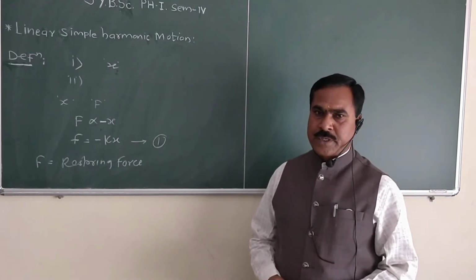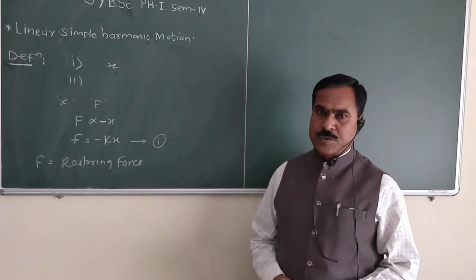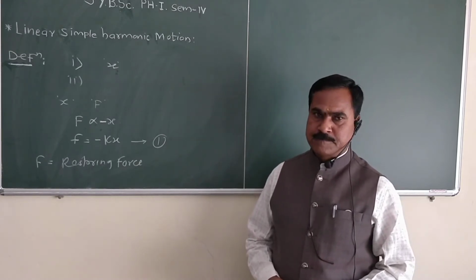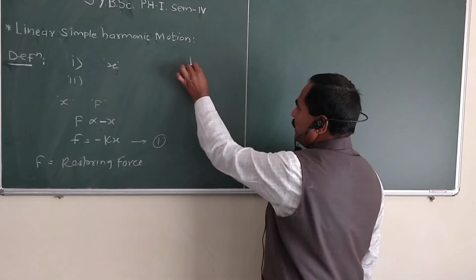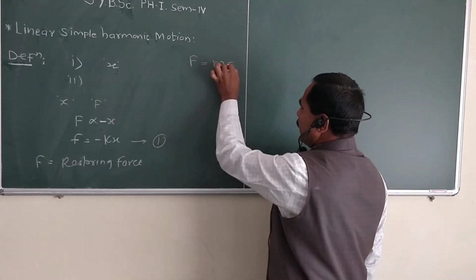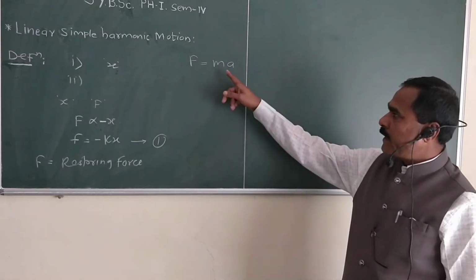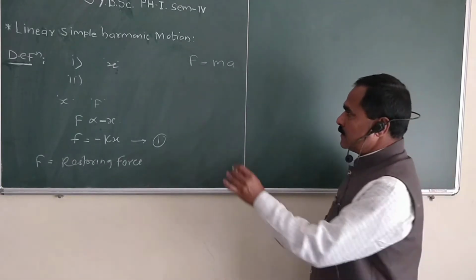the equation of motion. So for that we consider the force on any body according to Newton's law. According to Newton's second law, we write F equal to m into a, where m is the mass of the particle and a is the acceleration.